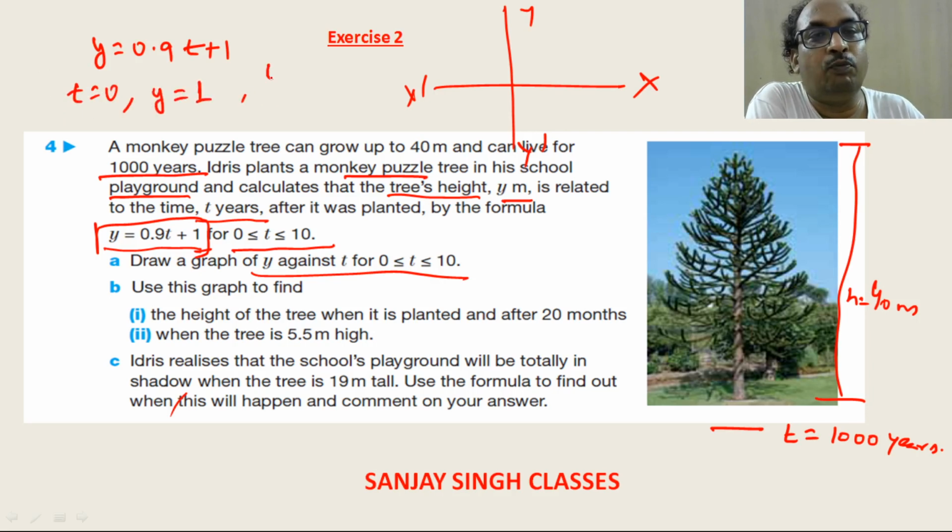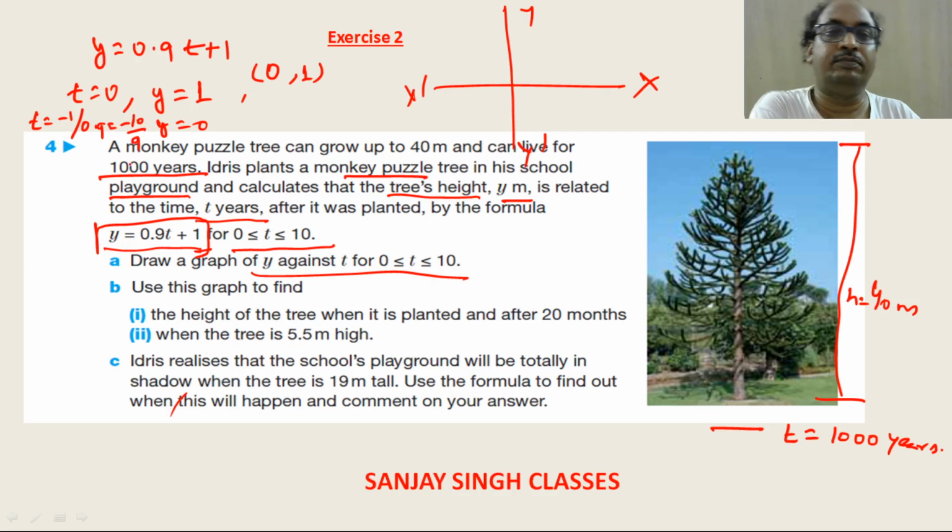It means one point is 0 and 1. Another point, if y is equal to 0, then what will be t? So t will be minus 1 by 0.9, or it will become minus 10 by 9. So the point is minus 10 by 9 and 0.